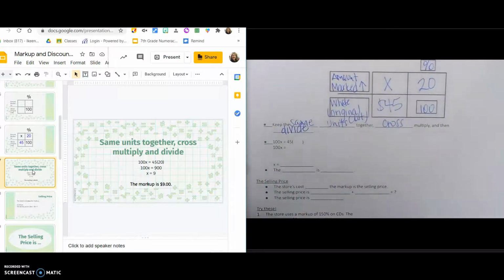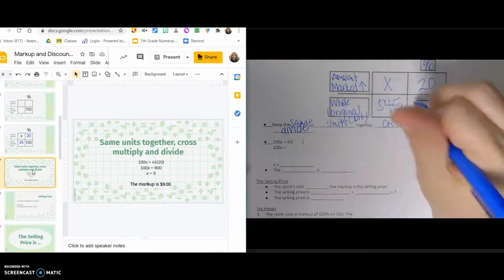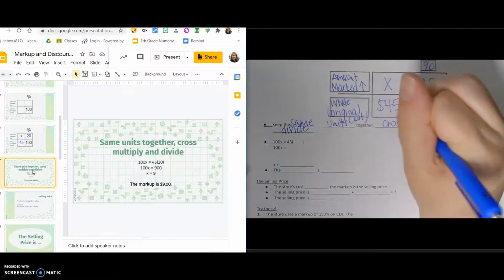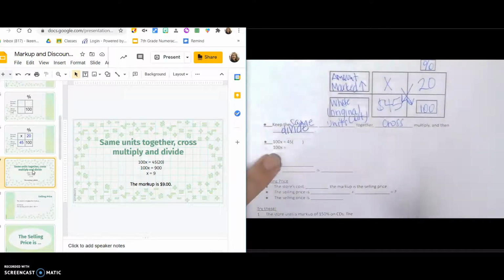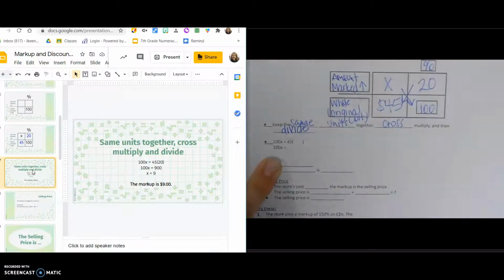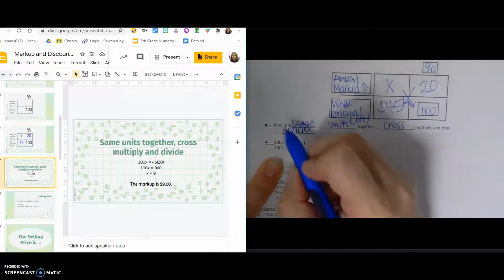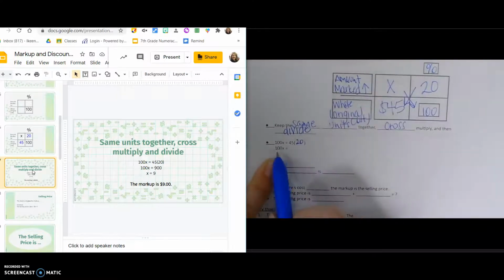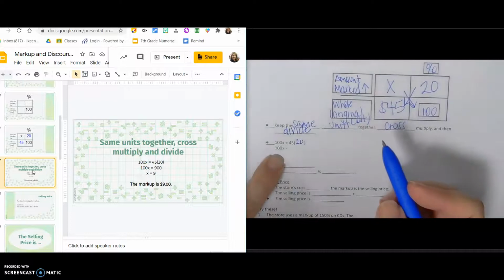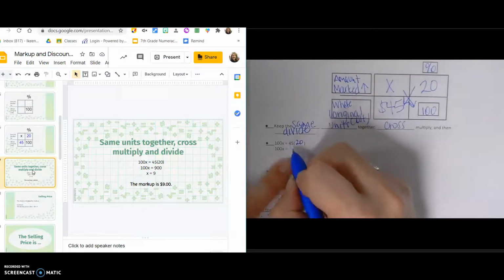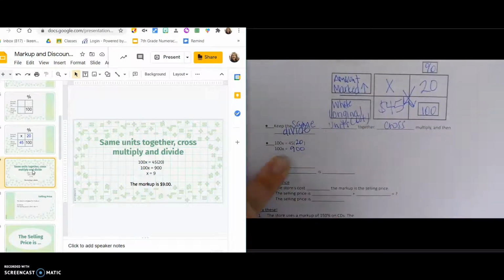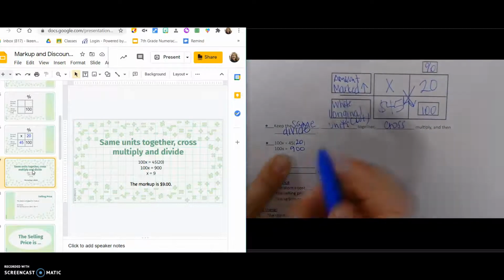Because we are cross multiplying, we go this way and this way, which gives us 100x is equal to 45 times 20. 45 times 20 is 900. So the equation that you have is 100x is equal to 900.